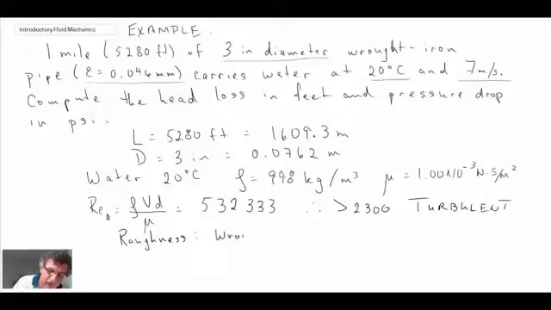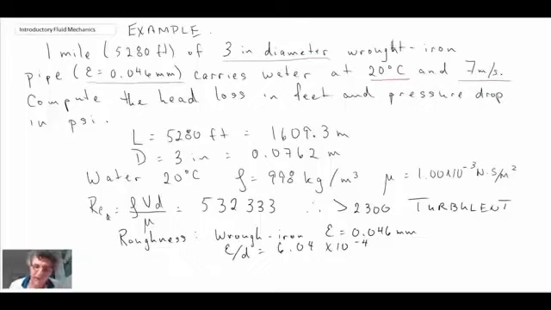So for the wrought iron, we have epsilon 0.046 millimeters, and that gives us an epsilon over diameter of 6.04 times 10 to the minus 4, and we'll estimate that as 0.0006.